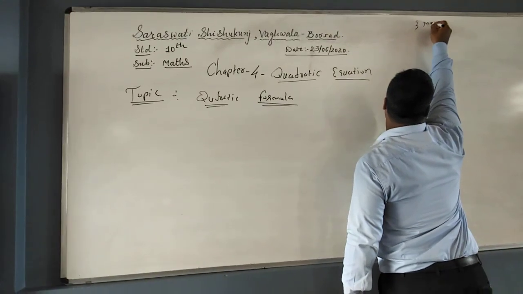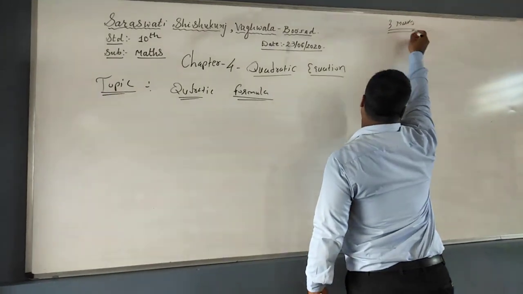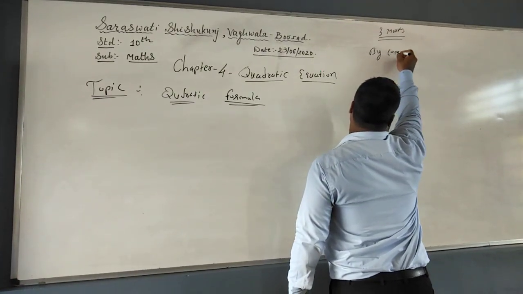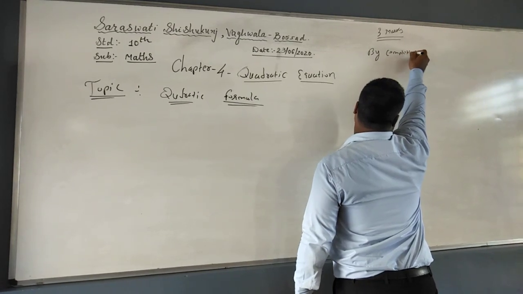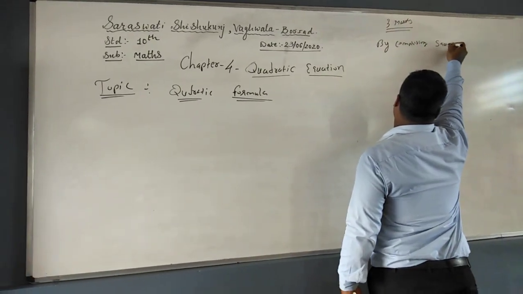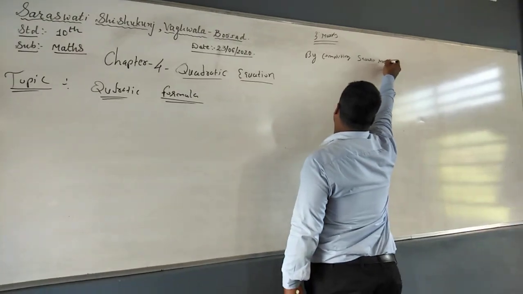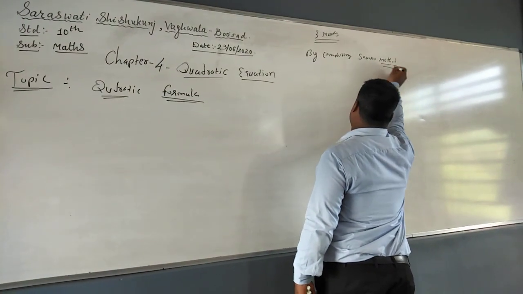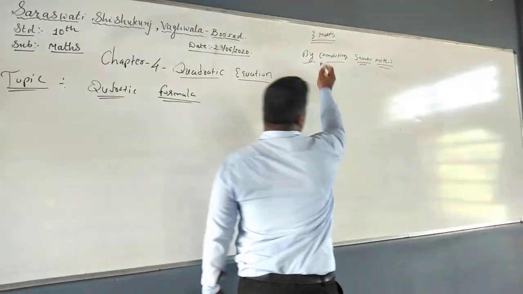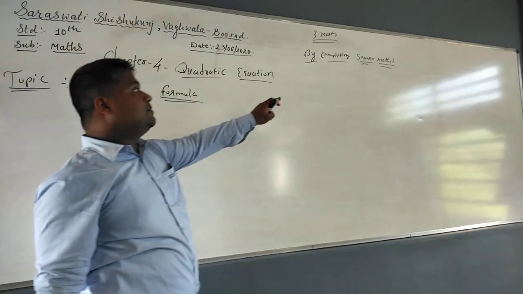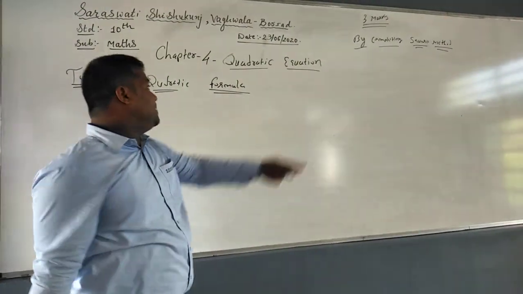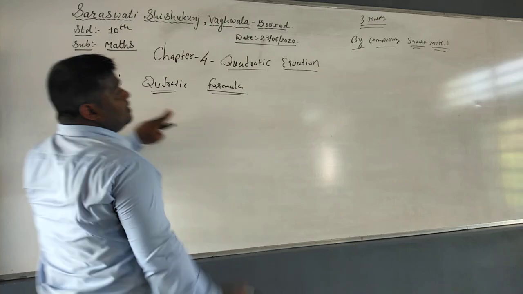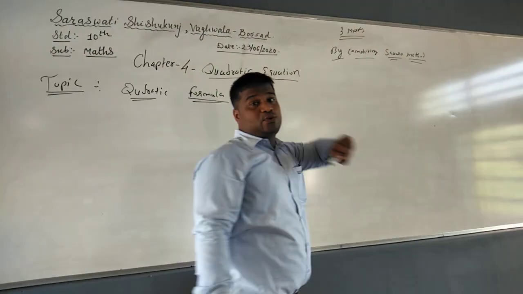Which 3 mark question? By completing the square method. I am going to revise it once again because I want to compare the quadratic formula with the completing the square method.